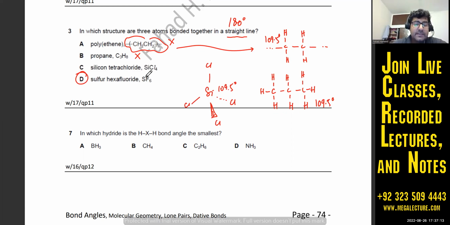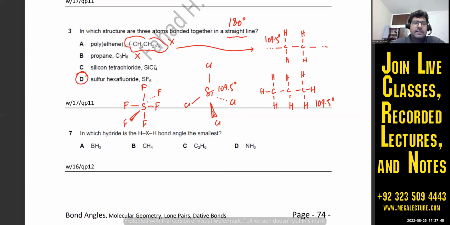आखिरी रह गया D, SF6, 6 bonds, right? And no lone pairs, because sulfur, how do I know it doesn't have a lone pair? Sulfur is in group 6. So if it's in group 6, that would mean 6 bonds. So all 6 electrons are getting used up. Sulfur would kind of look like this. It's fluorine. 6 bonds का क्या होता है? It's एक ऊपर, एक नीचे, एक right, left, one on the back side, one on the front side.